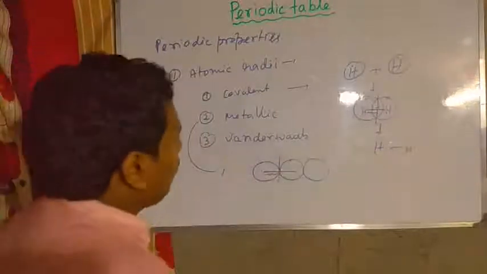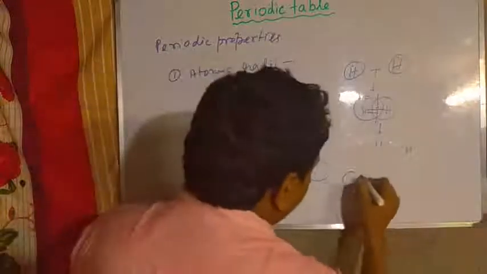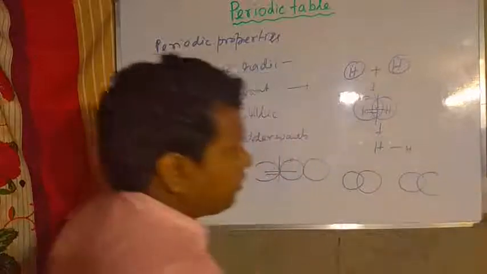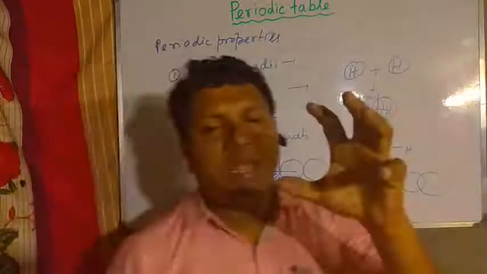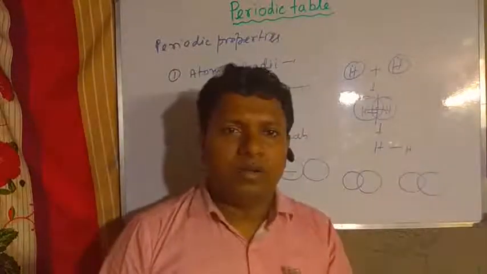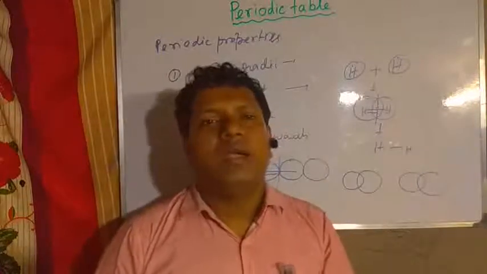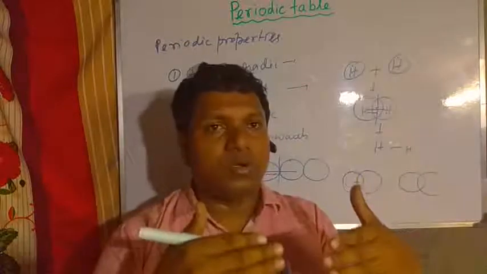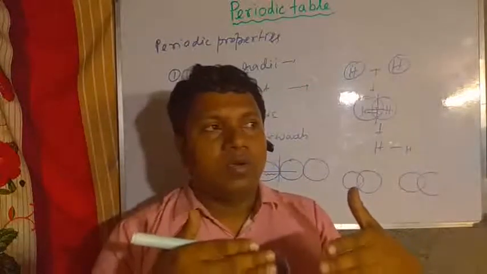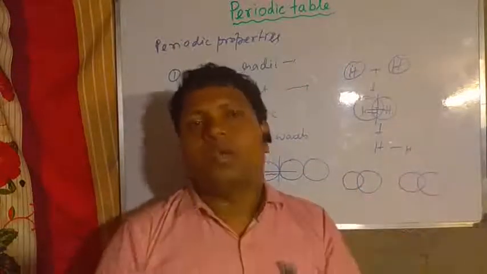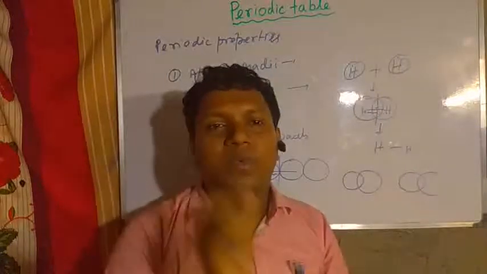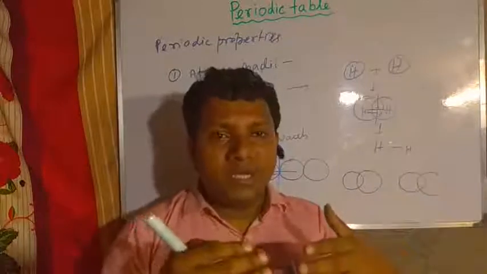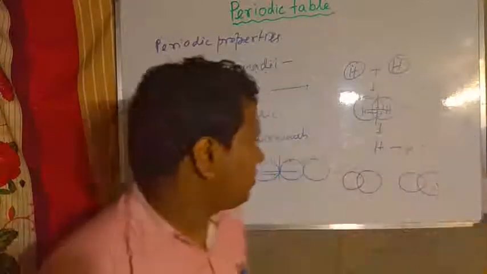Okay. What is van der Waals radius? Two molecules can attract each other, but two molecules do not come closer than a minimum distance. After the minimum distance, they repel each other.